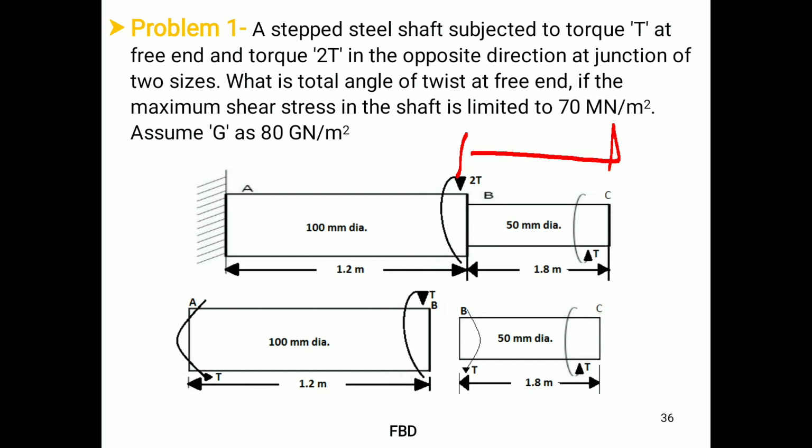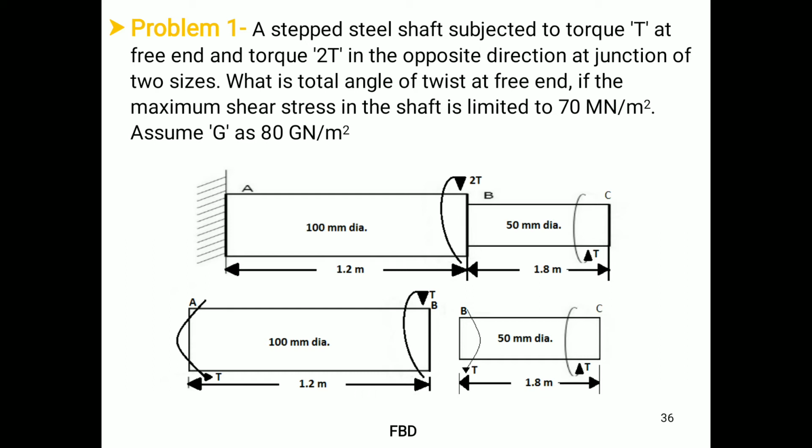Remember that when the far end is subjected to anti-clockwise torque, we consider it as positive, and if the nearer end is subjected to a clockwise torque, then it will be considered as negative. So at C we have a torque acting in anti-clockwise direction, therefore positive.